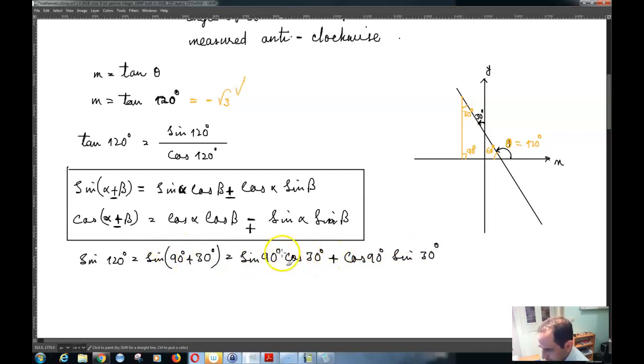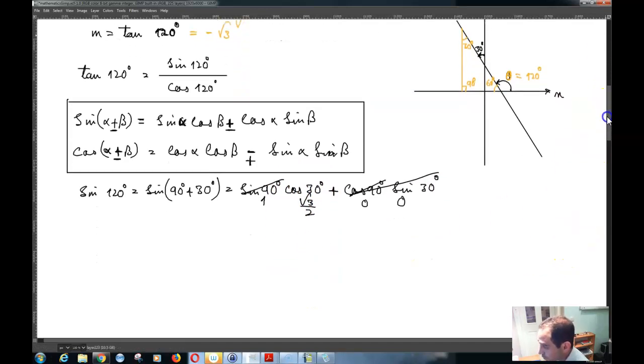Sine 90 degrees is equal to 1. Cos 30 degrees is equal to square root of 3 by 2. Cos 90 degrees is equal to 0, so this whole thing becomes 0. So sine of 120 degrees is equal to square root of 3 by 2.